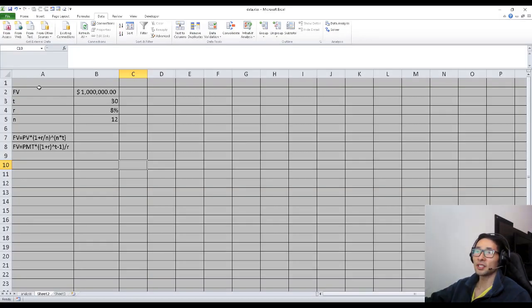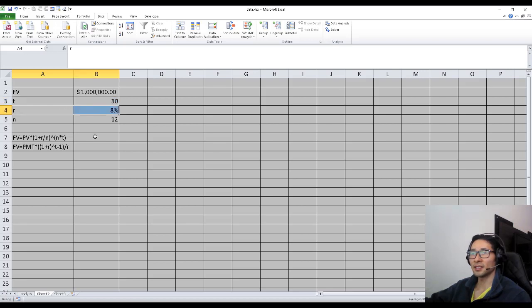In this spreadsheet, I have all the information I need to start calculating the present value or the periodic deposit amount I need to reach my financial goal based on the scenario defined earlier. So my future value is $1 million. This is my goal. The time I have to reach this goal is 30 years because I want to retire in 30 years from now.